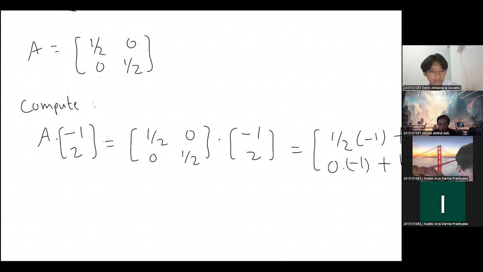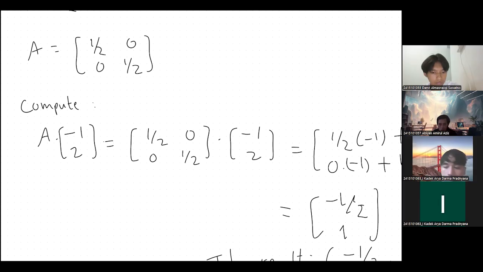And the result is minus 1 over 2 and 1. And this is the result. We change the column into row form, minus 1 over 2 and 1. And yes, this is it. This is the exercise. We solved one exercise.